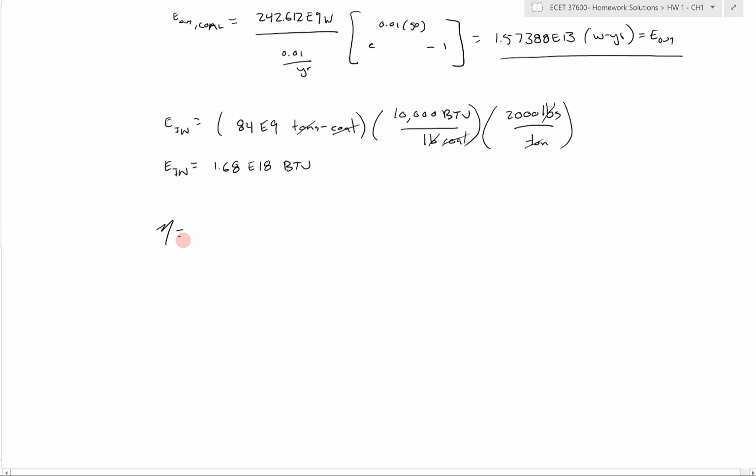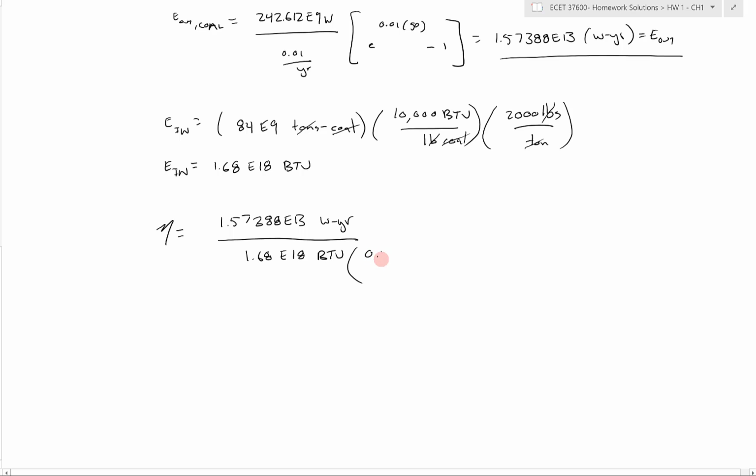So I can write my efficiency equation as the output energy that I calculated here in watt years divided by the input energy that I calculated here in BTU. So that's 1.57388 times 10 to the 13th watt years divided by 1.68 e to the 18th BTU. Clearly I can't do a direct division right there, and so I need to convert the BTU over. I'm going to do that with a two-step process because I know BTU per watt hour.